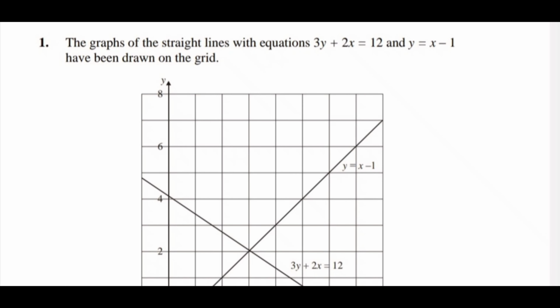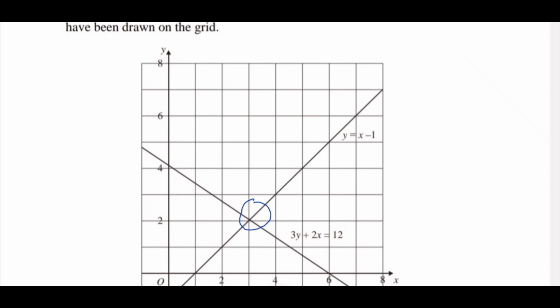The first question is, you're given two equations, 3y plus 2x equals 12 and y equals x minus 1. And they've both already been drawn on for you on the grid in square spacing, which is very easy for you to inspect.